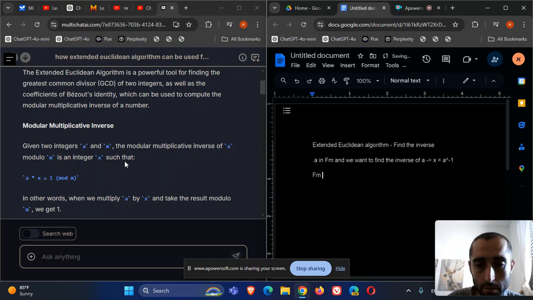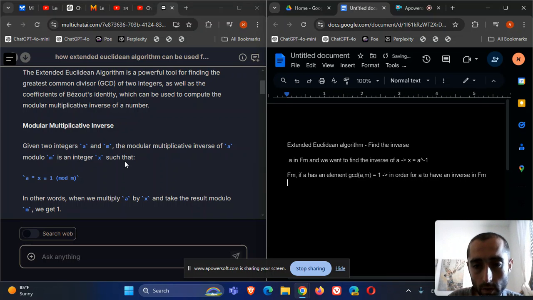So in order for an element to have an inverse in a group, if we are in Fm, what is the property that should be fulfilled? The GCD of A and M should be 1 in order for A to have an inverse in this field.